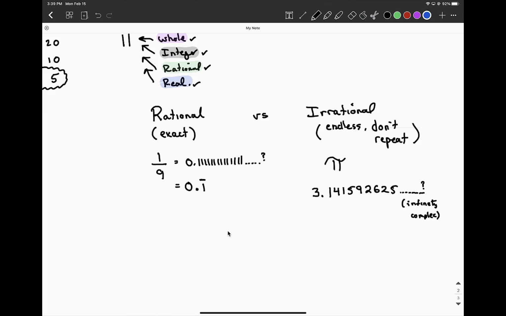And that's exact, rational. Rational makes me think of fractions. Any fraction is rational if you can build it out of a fraction, like 1 divided by 3, 1 divided by 4, -6 divided by 7. These are fractions.